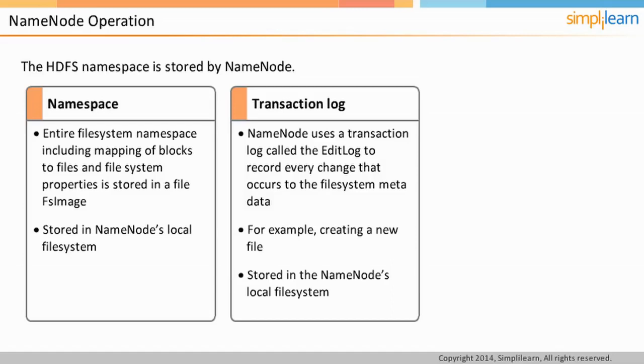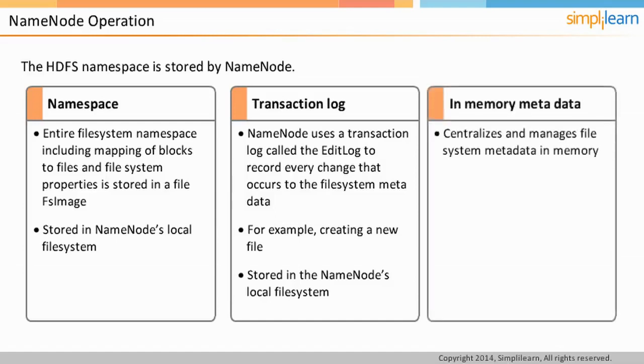The entire file system namespace, including mapping of blocks to files and file system properties, is stored in the FS image. This is also stored in the name node's local file system. However, metadata loads into its memory what blocks of data reside on which data nodes at startup, when new data nodes join a cluster, and periodically thereafter.